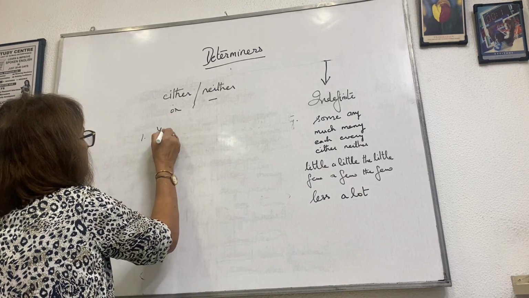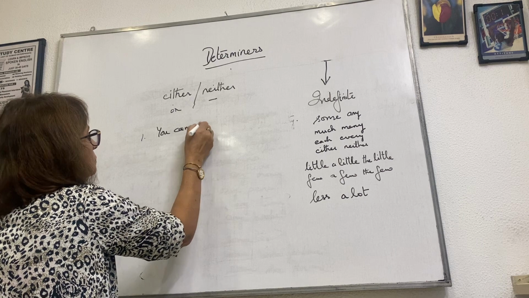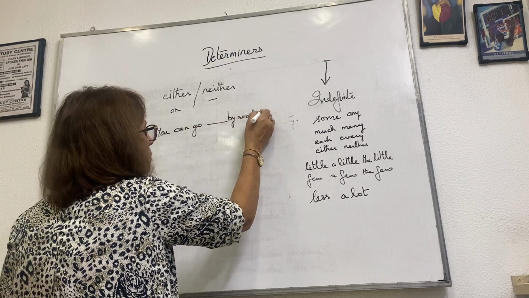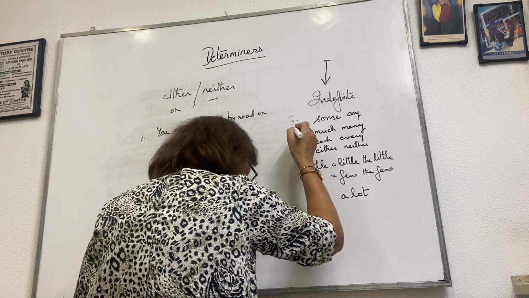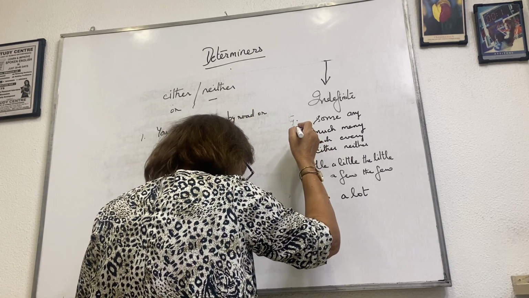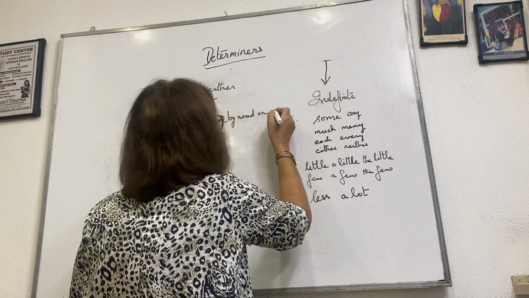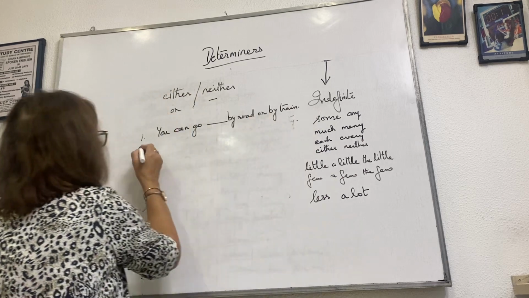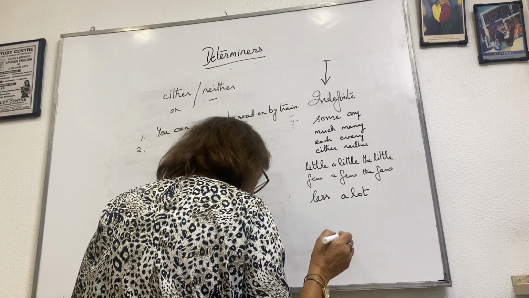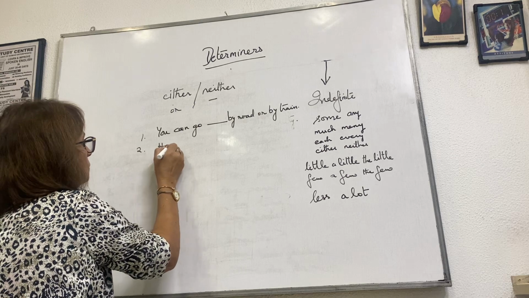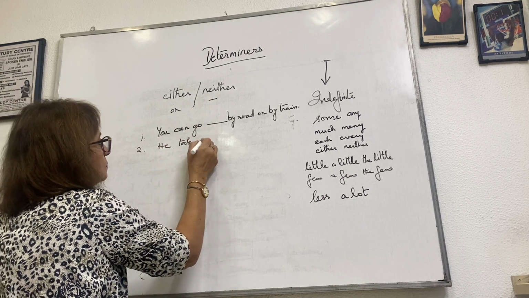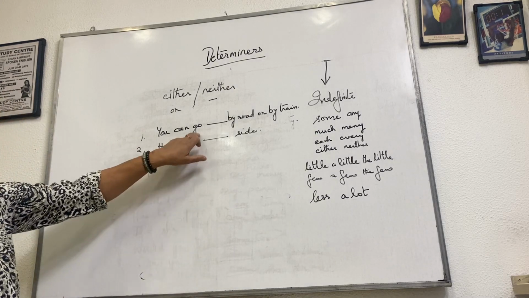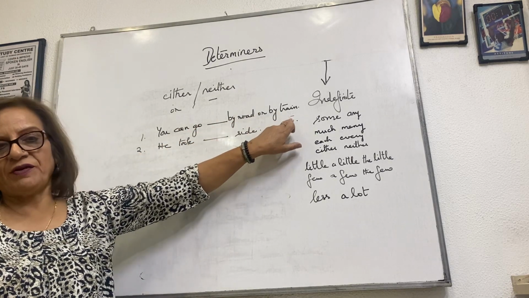You can go dash by road or by train. The second sentence, he took dash side. You can go either by road or by train.